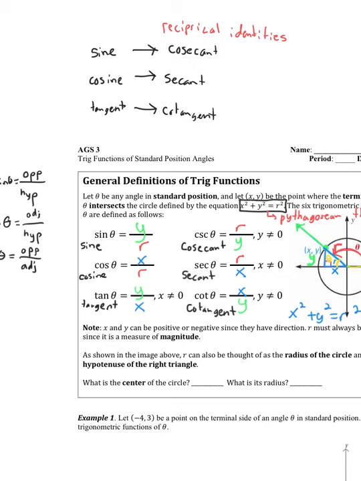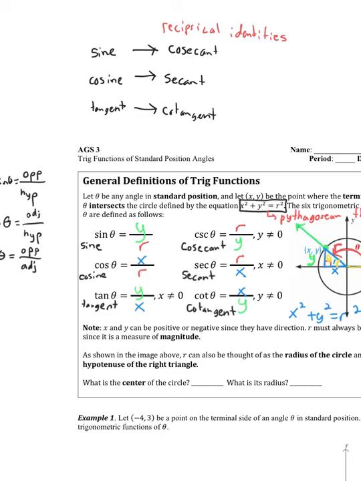Secant is technically hypotenuse over adjacent. And cotangent is adjacent over opposite. Those are reciprocal identities. We're just flipping the x and y values, or flipping the fraction, whatever the fraction is. Okay, that's how you do the other 3 trig identities.